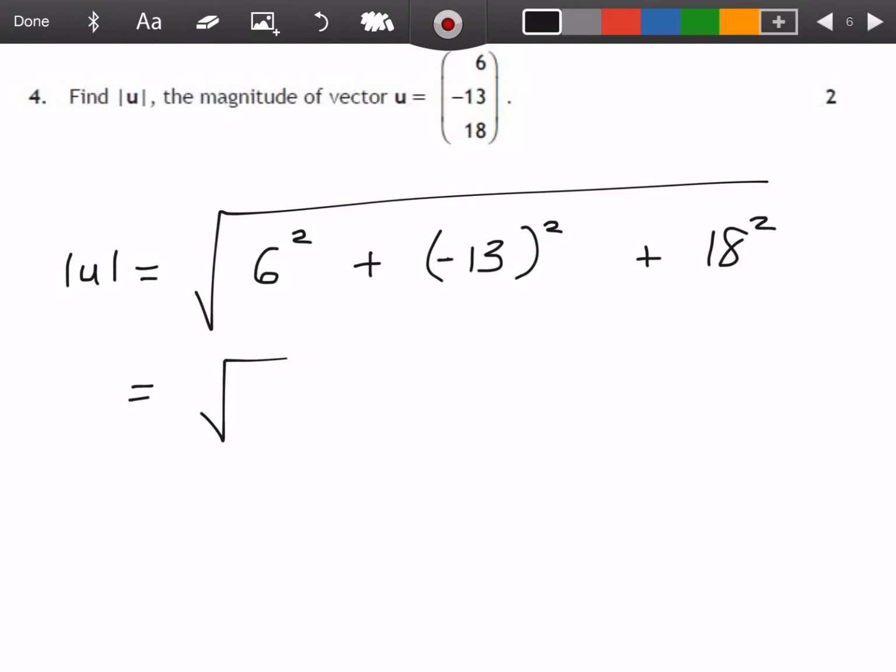So we're going to square them all, add them up, 6 squared plus the negative 13 squared, and plus the 18 squared. When I square them all, I get 529. Square them and add them up. To get the magnitude, it's the square root of that answer, which is 23.